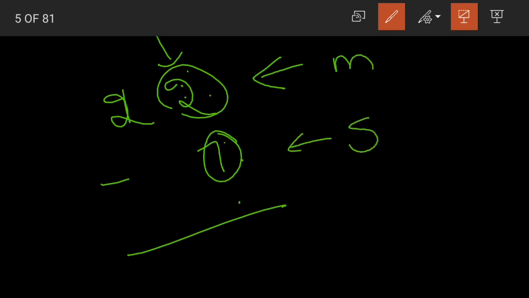What happened here? 2 is less than 7. That is, our minuend is less than the subtrahend. In such cases, what will you do? We will borrow. The 2 in the tens place becomes 1, and that 1 which we have taken will be placed in front of the 2 in the ones place.